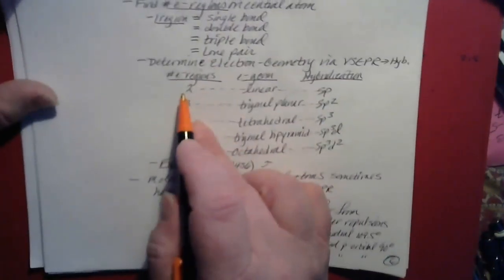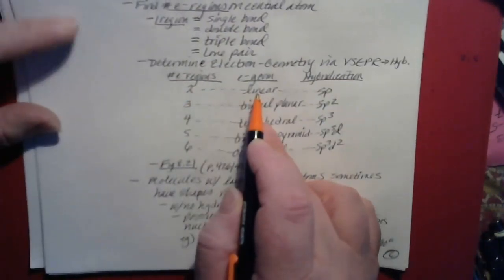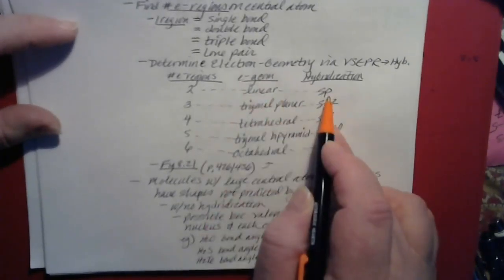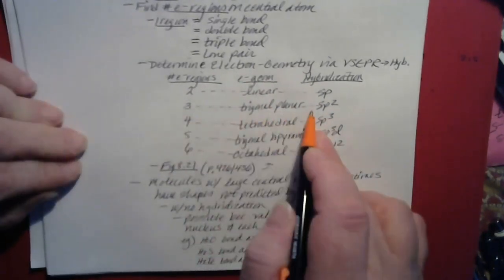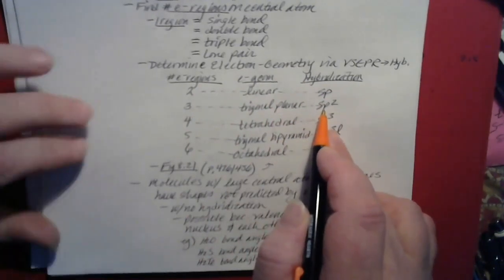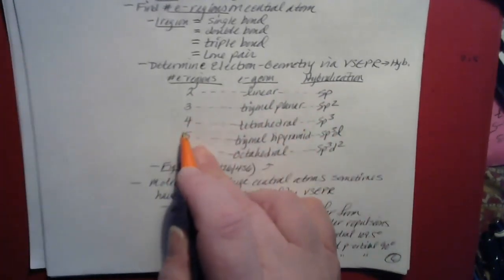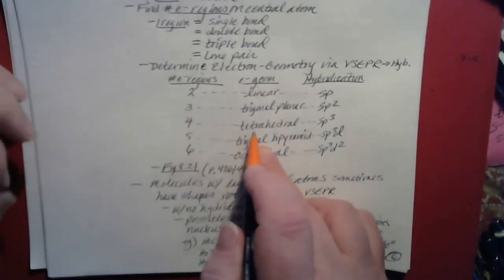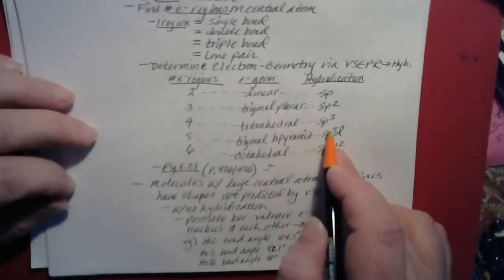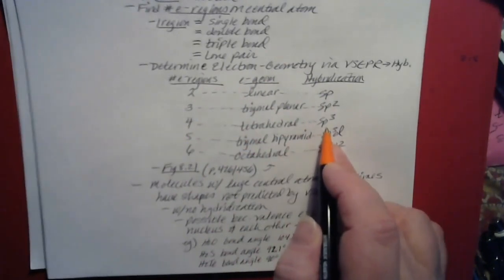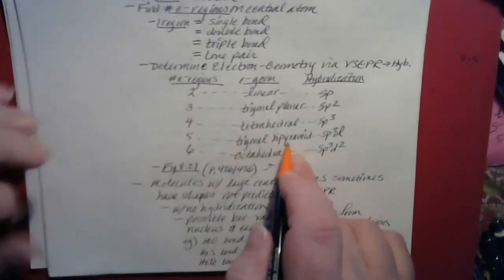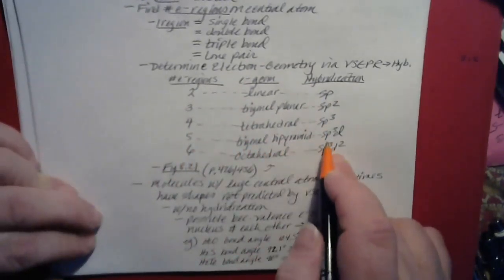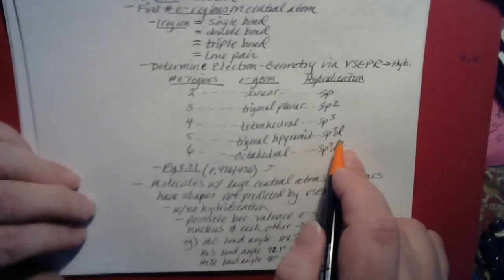So again, if there are 2 electron regions, that means the electron geometry must be linear, and that means the hybridization is sp. If there are 3 electron regions, the electron geometry is trigonal planar, and the hybridization must be sp2. If there are 4 electron regions around the central atom, the electron geometry must be tetrahedral, and the hybridization must be sp3. 5 electron regions means trigonal bipyramidal electron geometry, and that means sp3d hybridization.